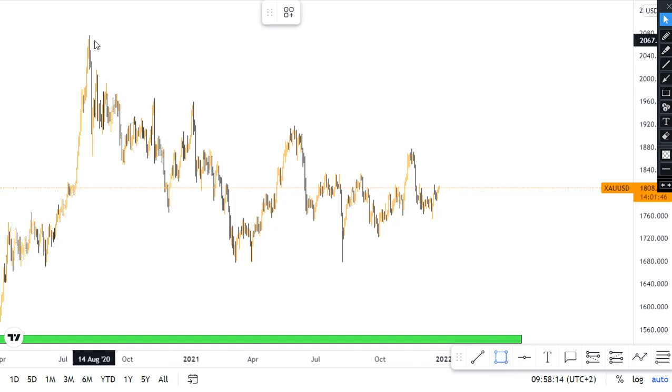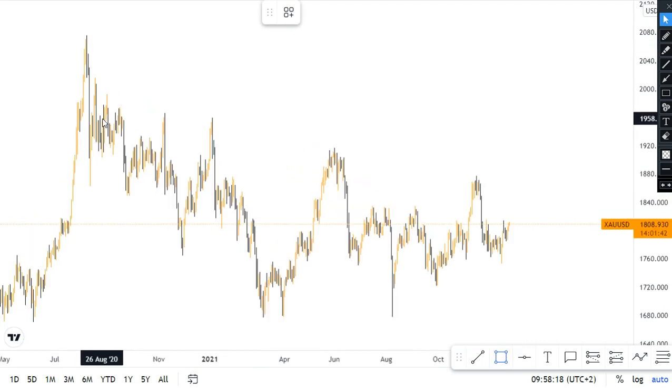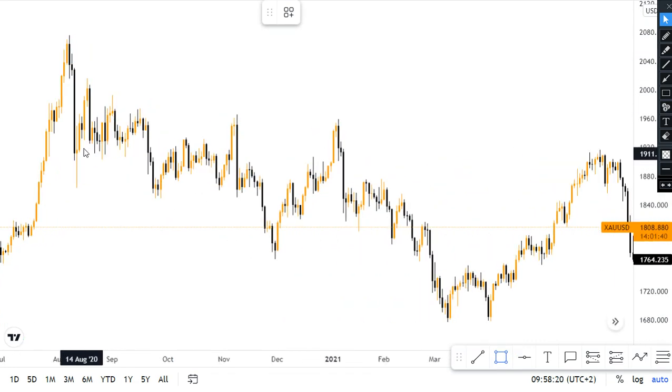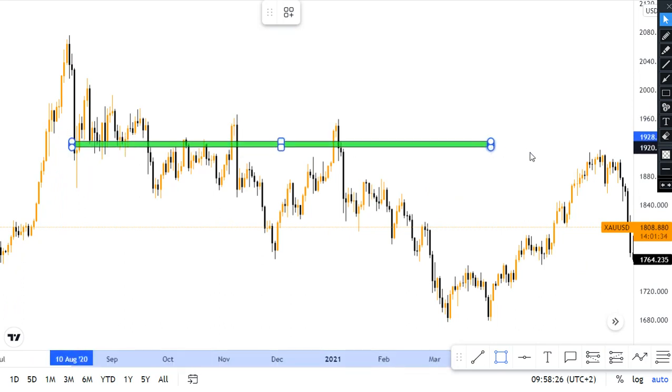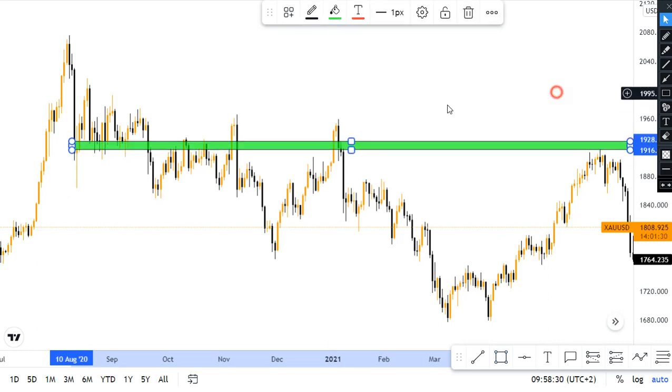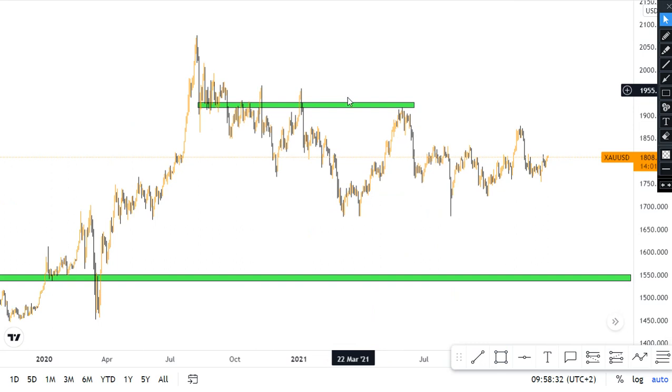So the last time in other videos that I posted, I did say that we had price coming here, failing here for the first time, second time, third time. So already at that time, I drew this as my zone, right? Because price was failing to break that level many times.